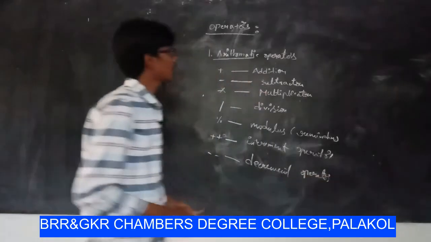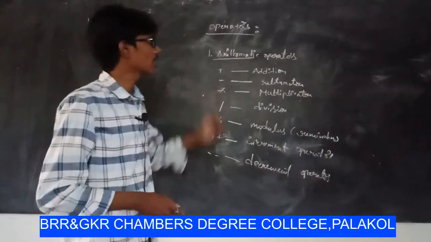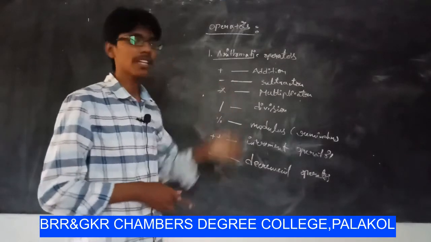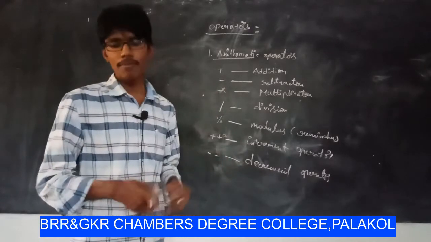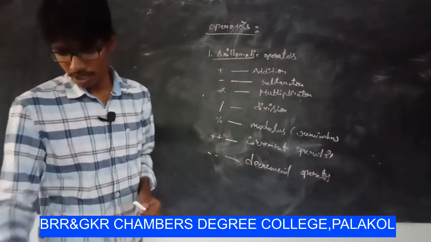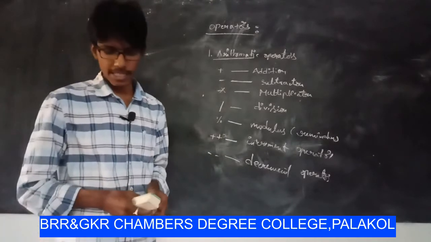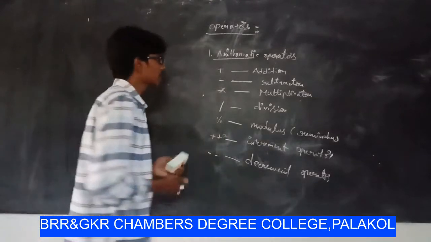These are the sub operators available in arithmetic operators. These arithmetic operators can perform an arithmetic operation between operands. Okay, we show it with an example, that is a simple example.